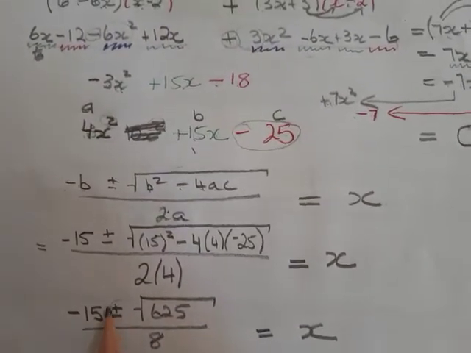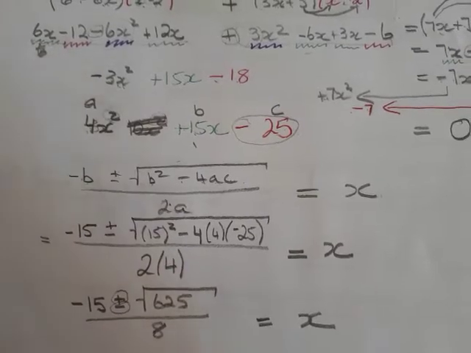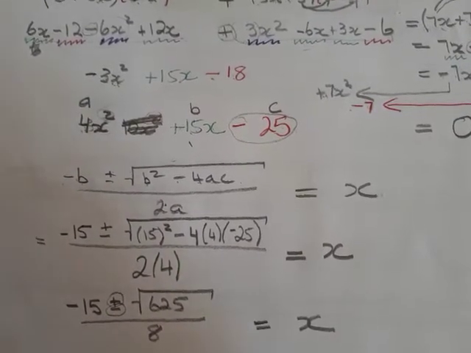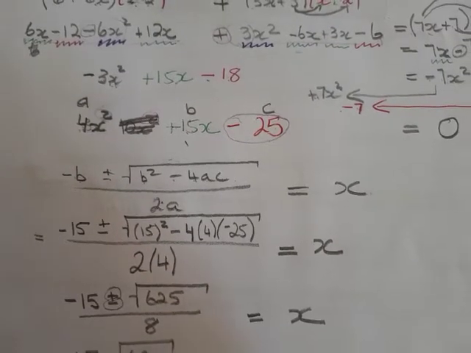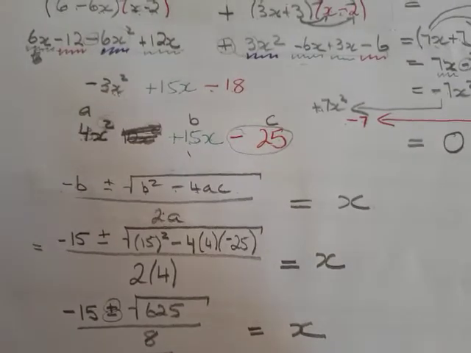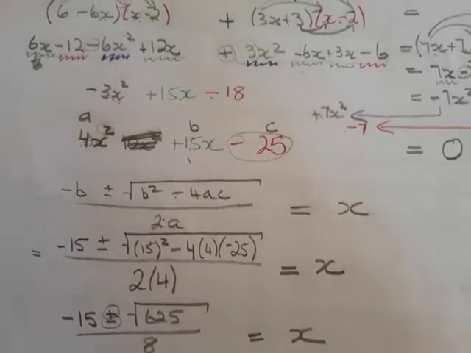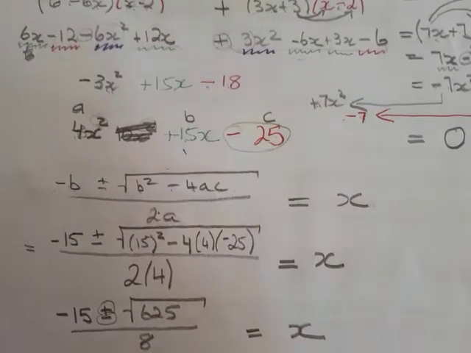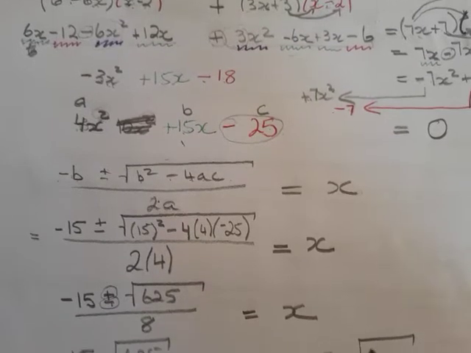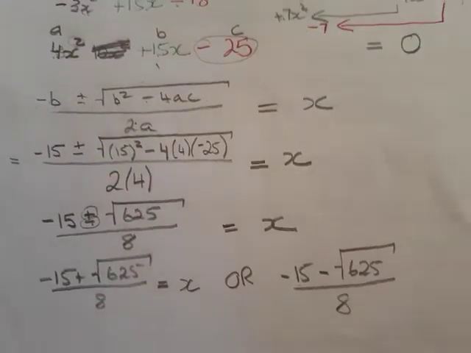Now remember, you've got two possibilities. The one is the positive root and the other one is the negative root. So you got negative 15 plus the square root of 625 over 8, which equals x, or you got negative 15, now we use the minus, the square root of 625 over 8.